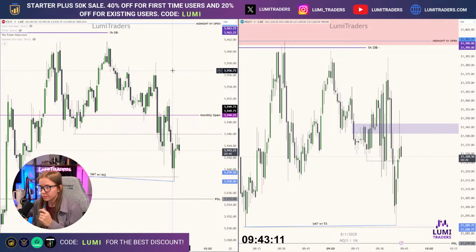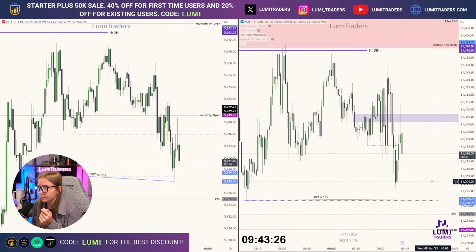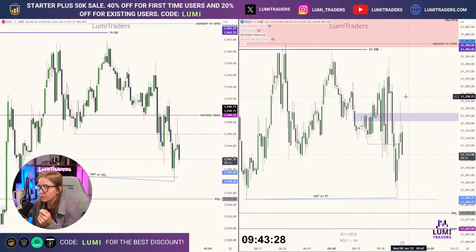I call this minor because, in my opinion, it still just makes sense to take the previous day low level. Trying to respect the reclaimed fair value gap right here.